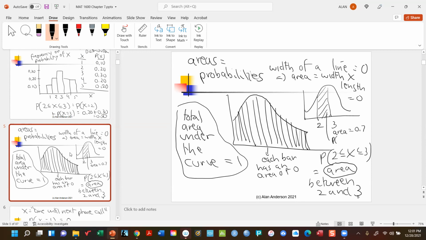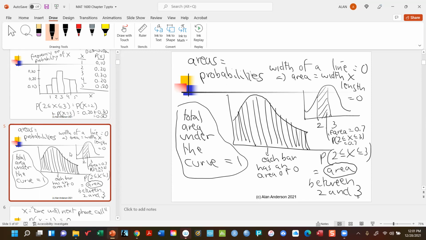Therefore, the probability of being between these 2 points is 0.7. So in other words, now we're thinking not in terms of the heights of the bars, but the areas under this curve that are formed by the tops of the infinite number of bars. So it's an area now rather than the heights of individual bars.